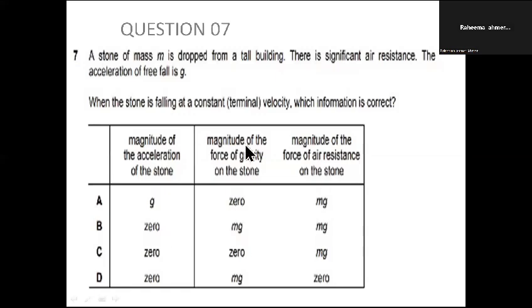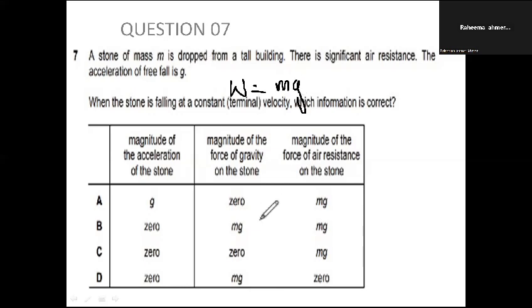Now it says the magnitude of the force of gravity. What is the force of gravity? It's actually the weight of the object. And to find the weight, we have an equation: W = mg, right? Here m is the mass of the object, which is already given to you, and g is also given to you.